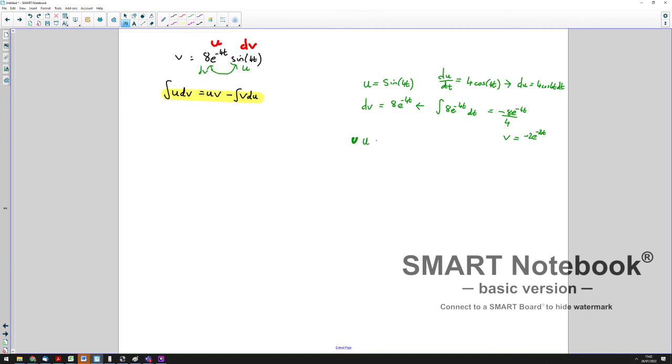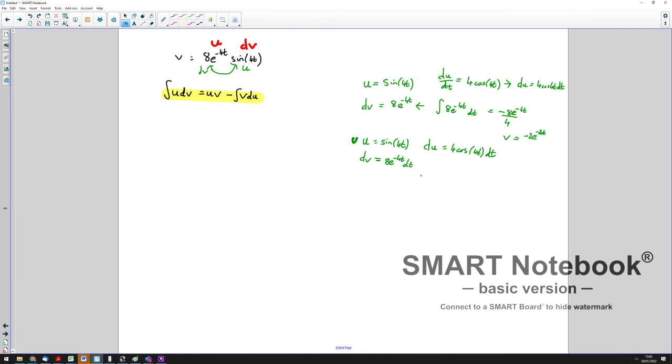So u is sine 4t. du is 4 cos 4t dt. dv is equal to 8 e to the minus 4t dt.